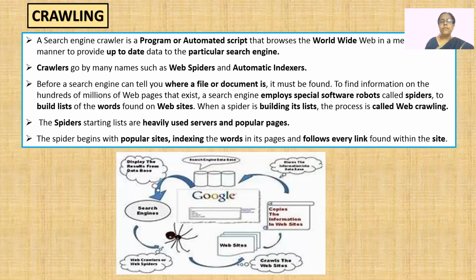Then the spider begins with popular sites, indexing the words and its pages, and follows every link found within the site. So in one site, there is a lot of other information connected to other sites. It starts indexing all these words and follows all the different links found within that site and gives you a list of all these words or the keyword.